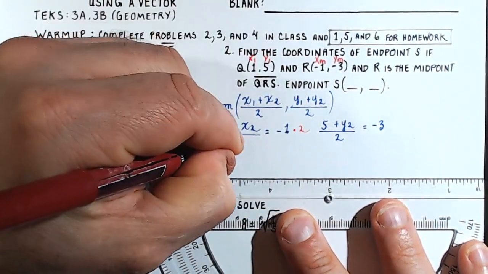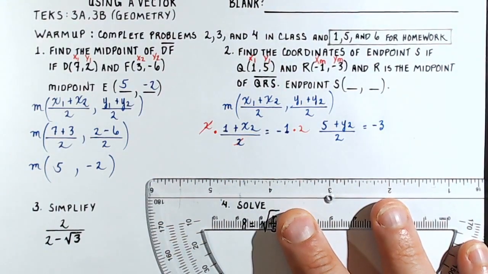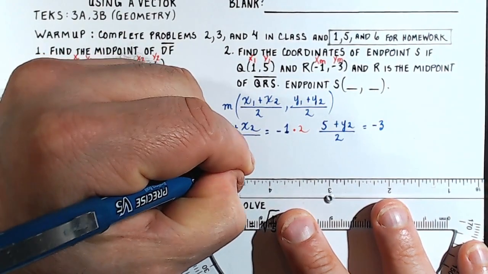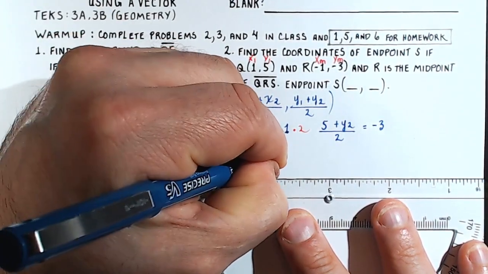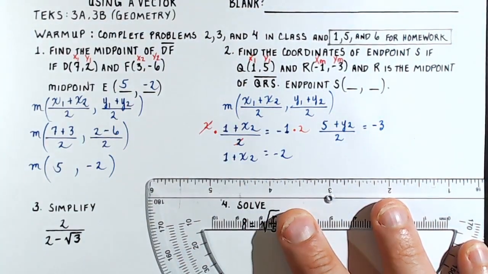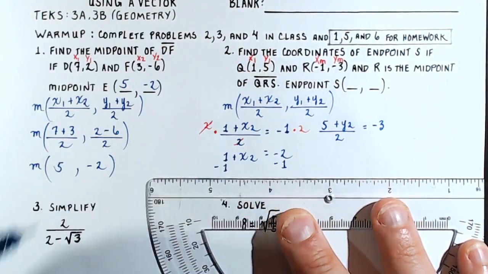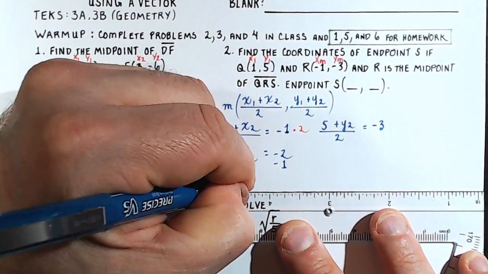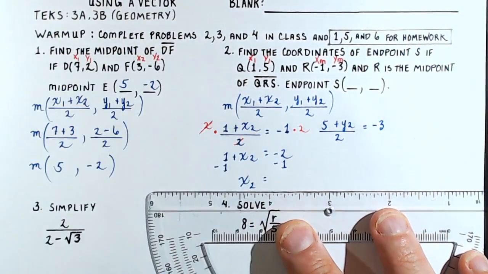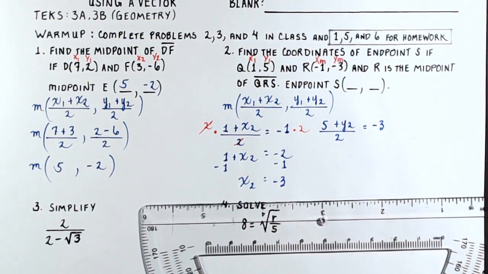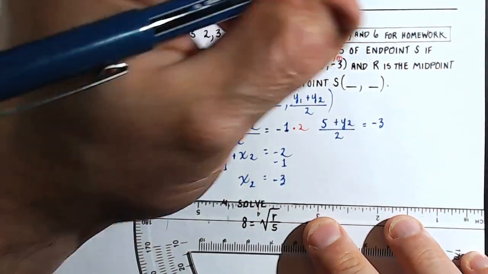The benefit there being that it cancels the denominator. And now I have 1 plus x2 equals -2. Subtracting 1 on both sides will isolate the x variable on the left. So x2 equals -3. So the x-coordinate of endpoint S is -3.